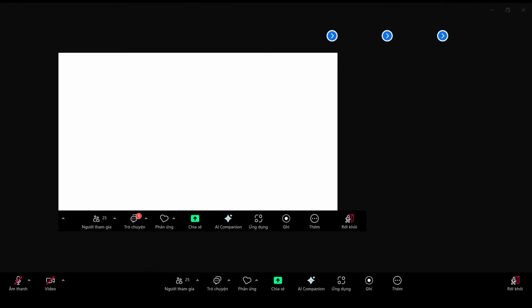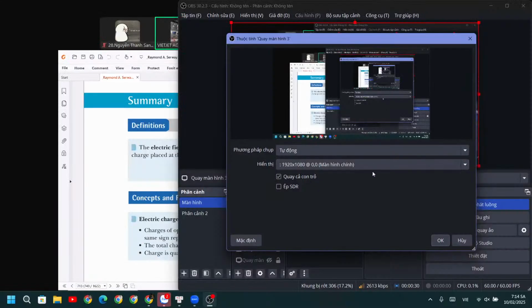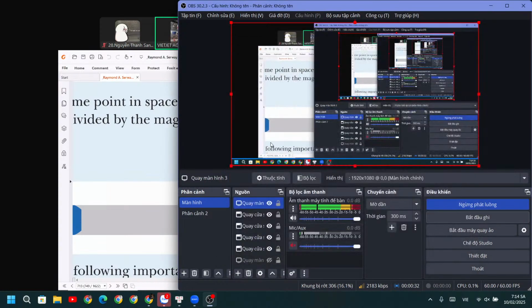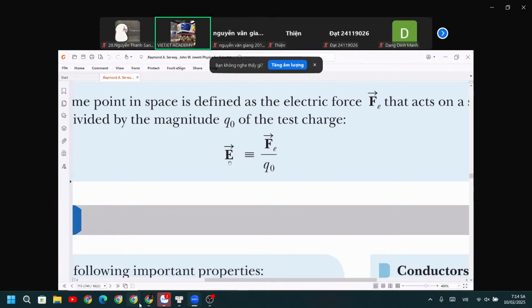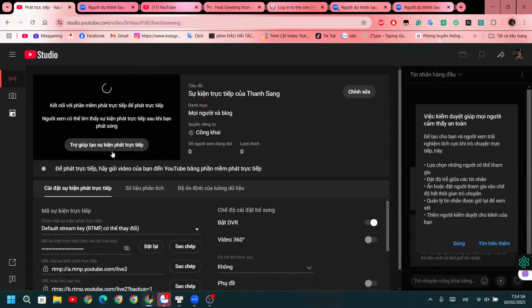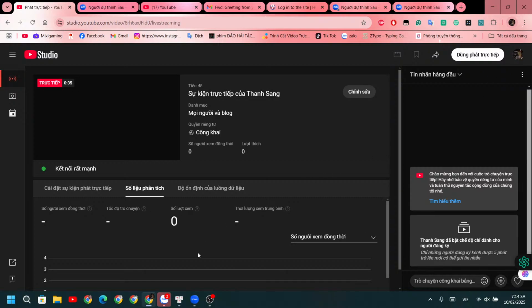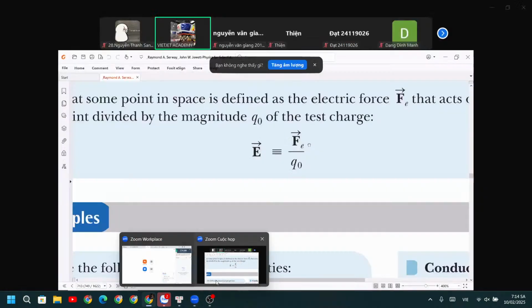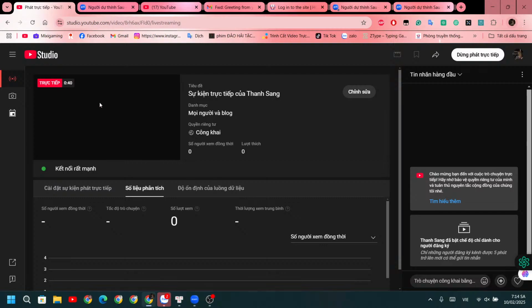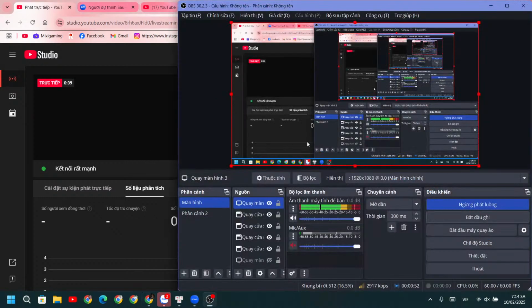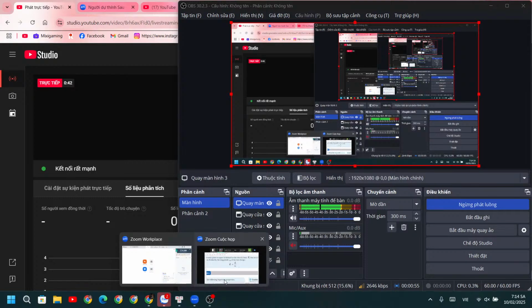In chapter 23, we have the definition of the electric field. When you identify the electric force that acts on the so-called test charge Q0, and then divide that force by Q0, you have the electric field at the point where we put the test charge Q0.